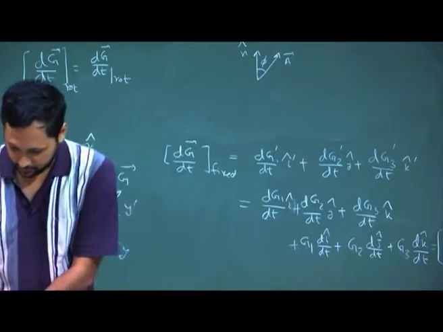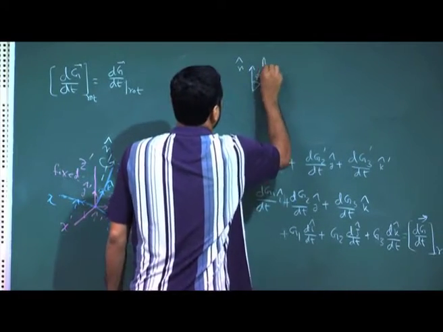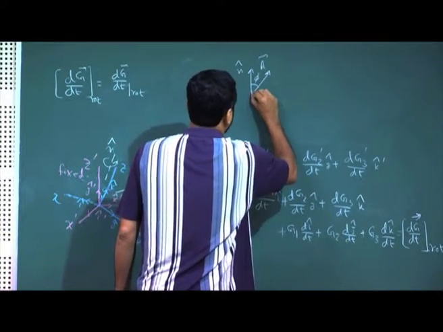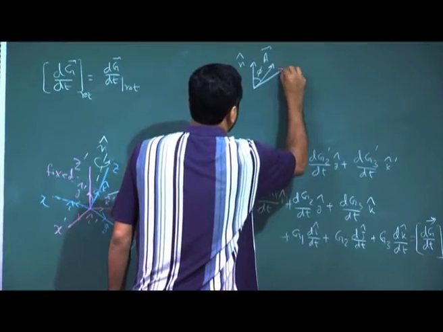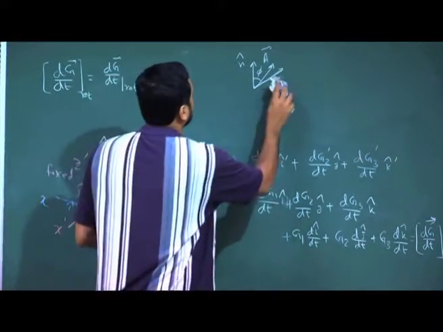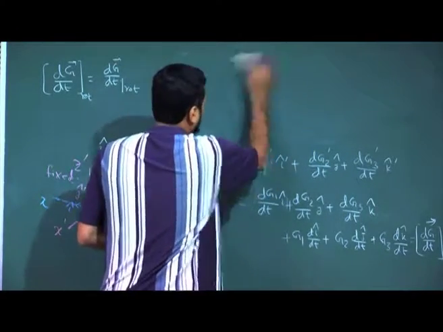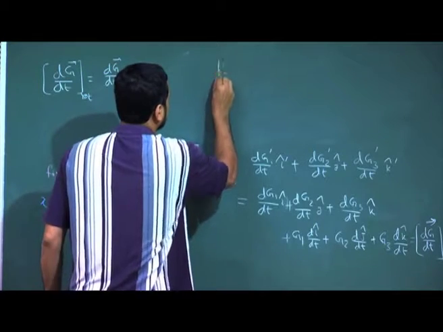So, the angle is fixed and the direction of this vector is changing. Now, we have A here, and at a later time it moves to a new position. Sorry, this picture is not very clear. I will try to draw a better picture.